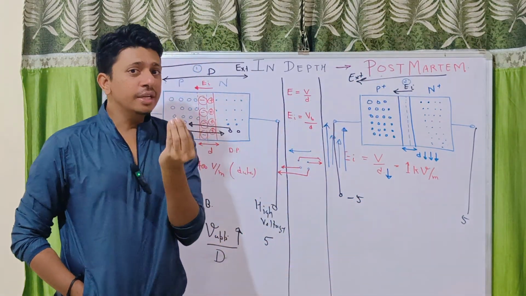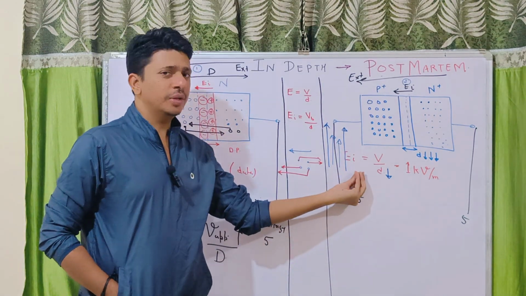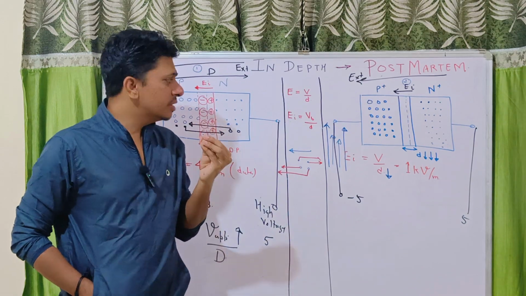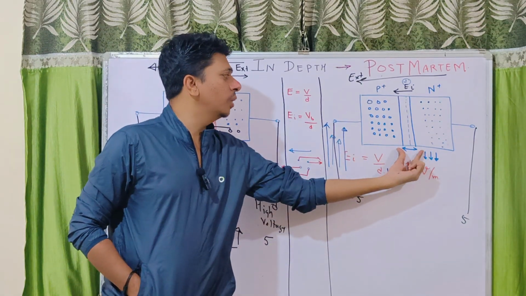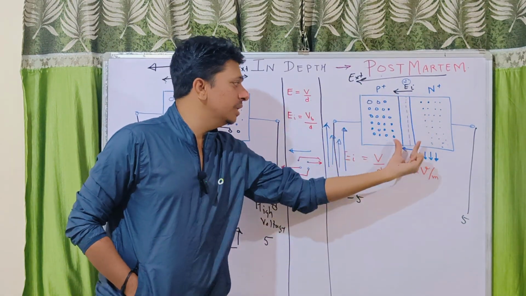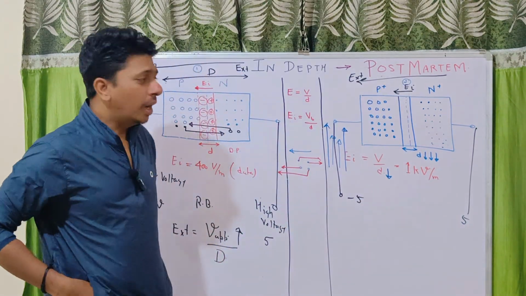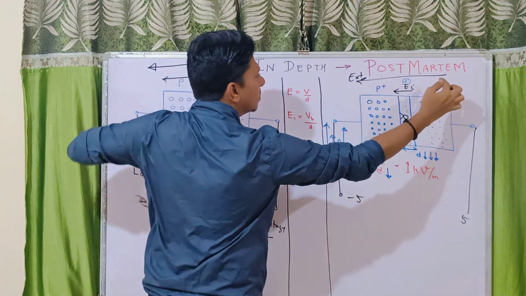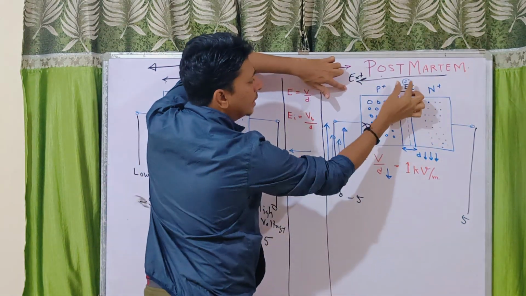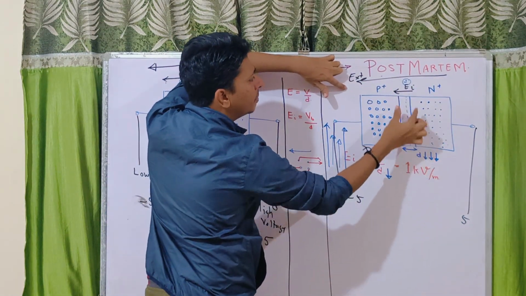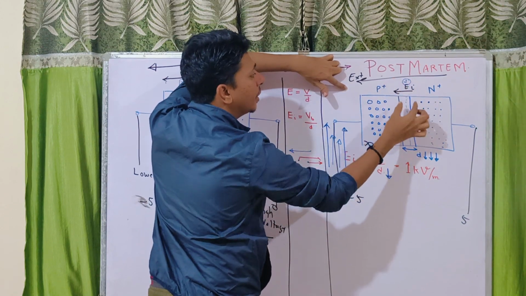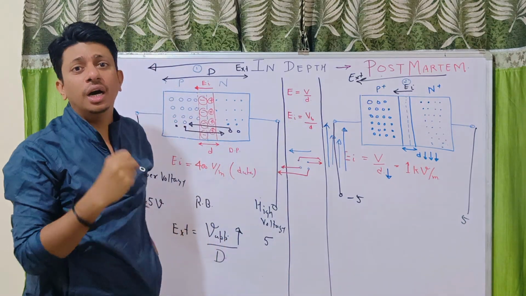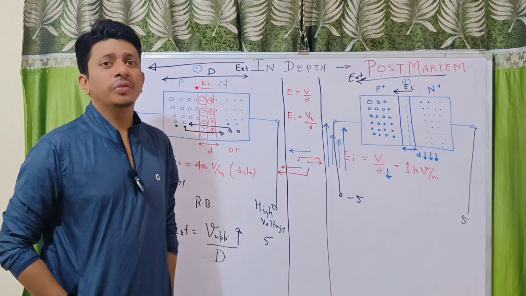Now a slight increase in this electric field will result in sudden rupturing of covalent bonds in the depletion region. Why? Because in this depletion region, the external electric field is from here to here, but in this region internal electric field plus external electric field is there. This region will experience a very high electric field.